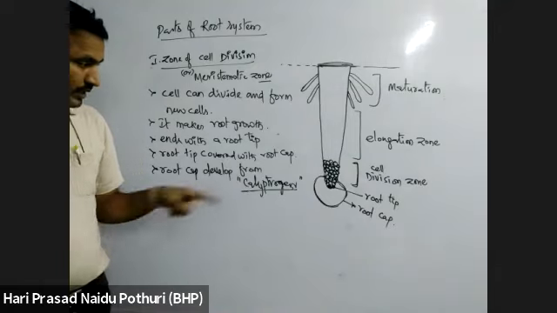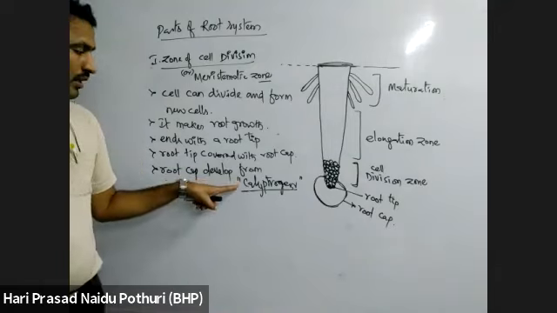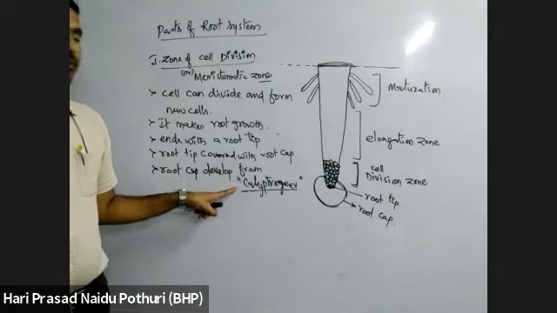Okay, it is produced from a type of meristematic tissue called calyptrogen.